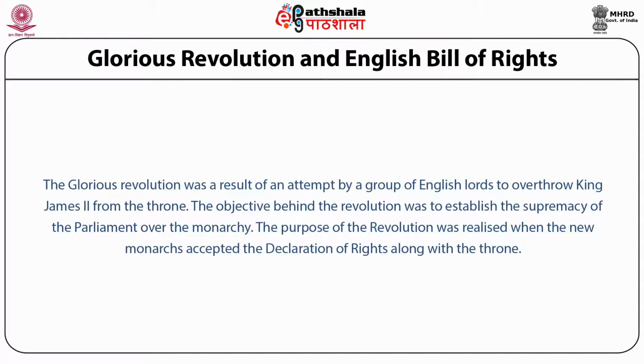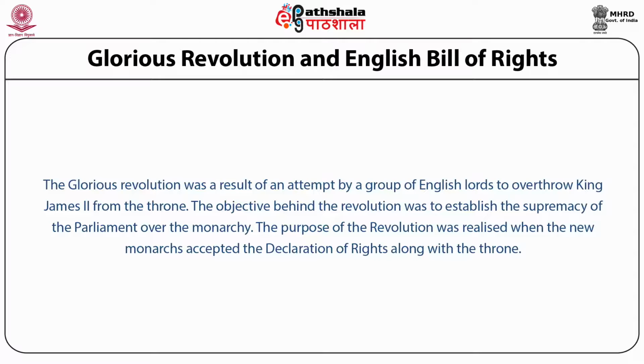The Glorious Revolution was a result of an attempt by a group of English lords to overthrow King James II from the throne. As we have seen, he oppressed his own people. The objective behind the revolution was to establish the supremacy of the parliament over the monarchy.